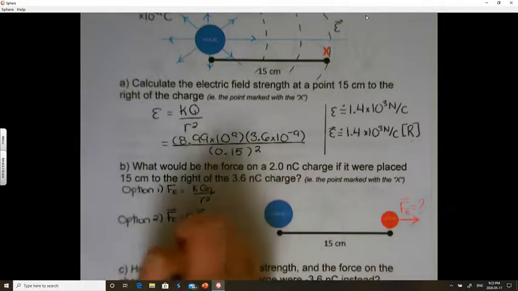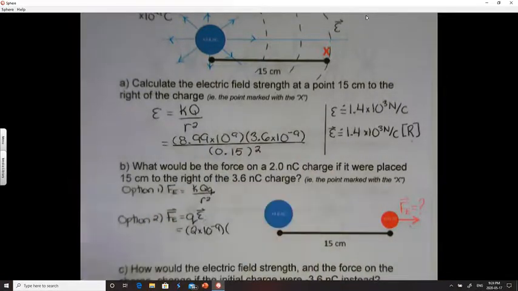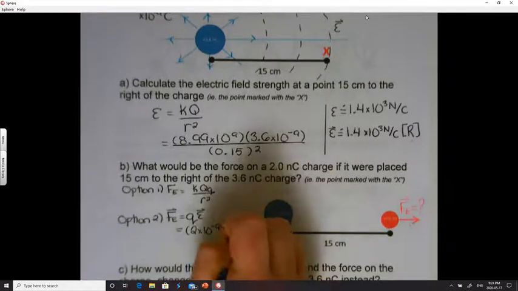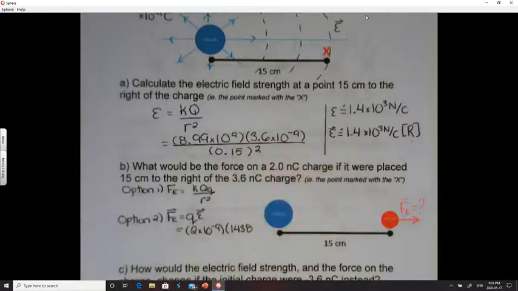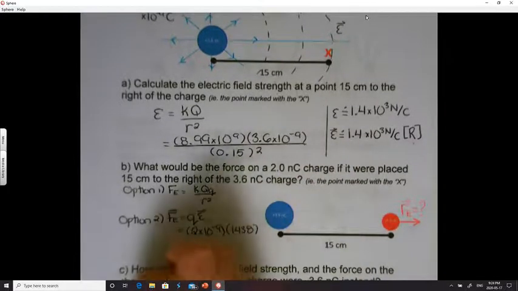So let's see, we've got our 2 nanocoulomb charge, and we're going to multiply that by, I'm just going to grab the unrounded value, 1,438 newtons per coulomb.